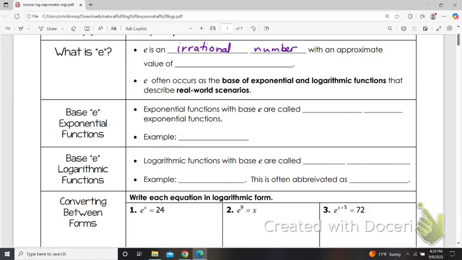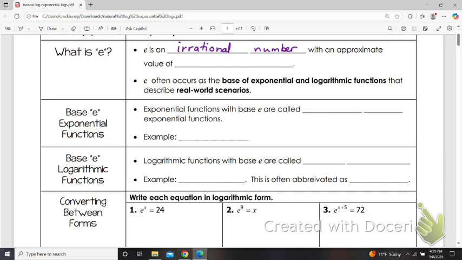Irrational meaning that it can't be written as a simple fraction. The decimals would keep going. It doesn't repeat. It may look a little bit like it repeats to a certain point on your calculator, but it doesn't actually continue the same pattern.